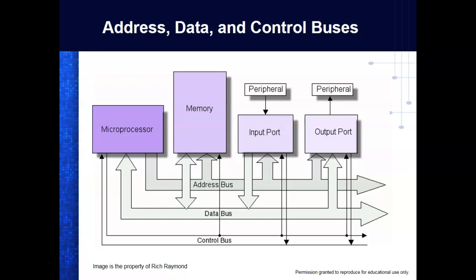But over time, we eventually came up with a method where they could take all these circuit boards and integrate them on a single little chip, and we started calling these microprocessors.